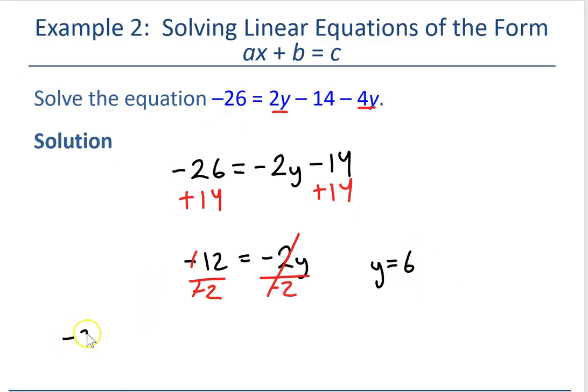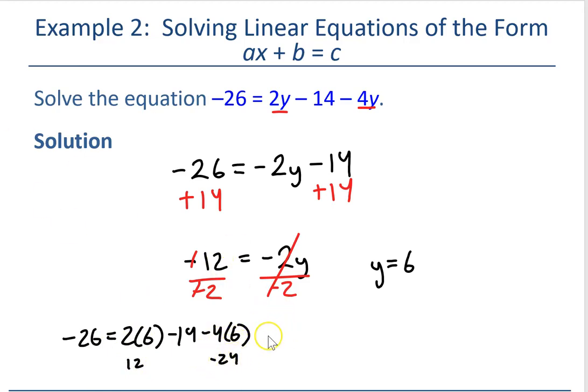You can go negative 26 equals 2 times 6 minus 14 minus 4 times 6. Well, 2 times 6 is going to be 12. A negative 4 times 6 is going to be a negative 24.